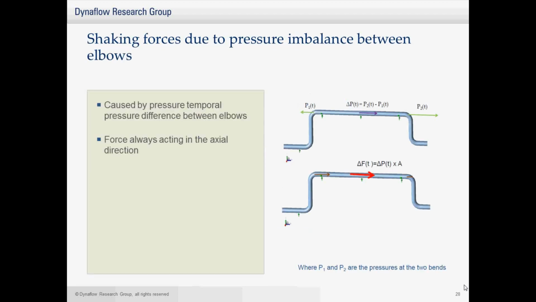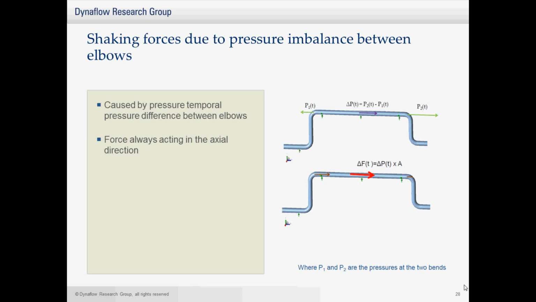So what are shaking forces exactly? Shaking forces are caused by temporal pressure differences between elbows. If you look at the figure to the right, you see two elbows, and at one elbow you have P1, at the other elbow you have P2.